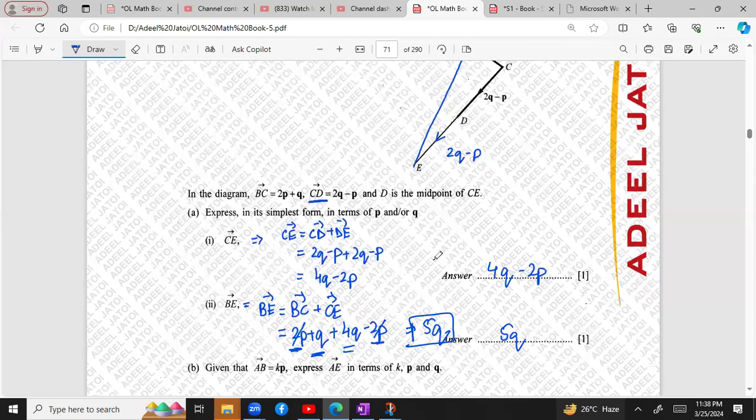Now in part B, we can see from the expression that it will be related to the parallel concept or the ratio concept.